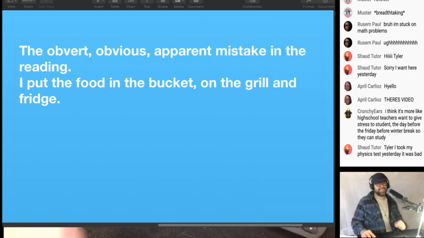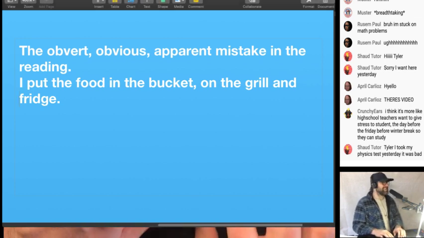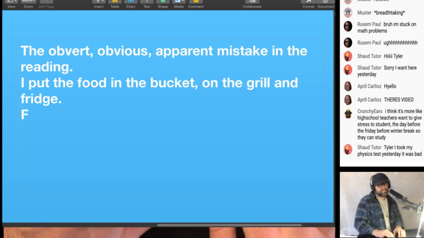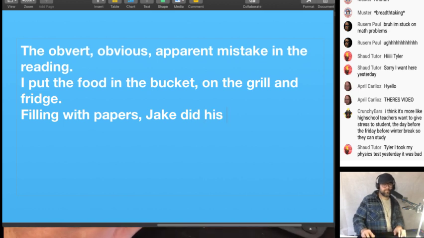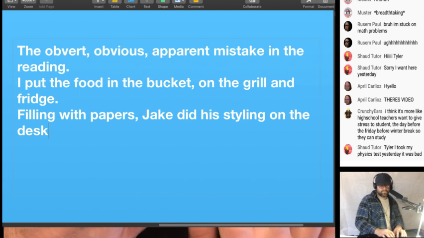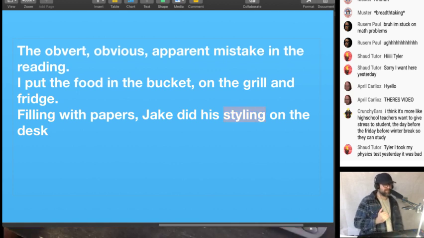These are super easy. I've given you this one sentence like a million times. All right, so this is an example of a misplaced modifier.